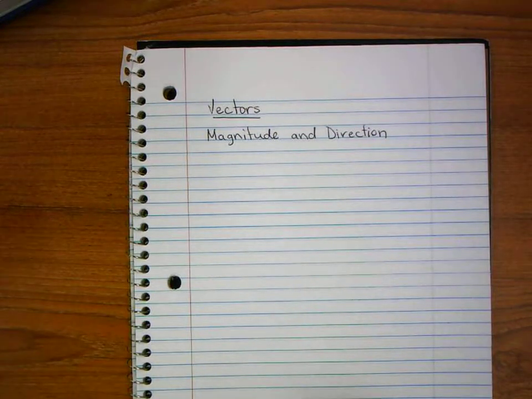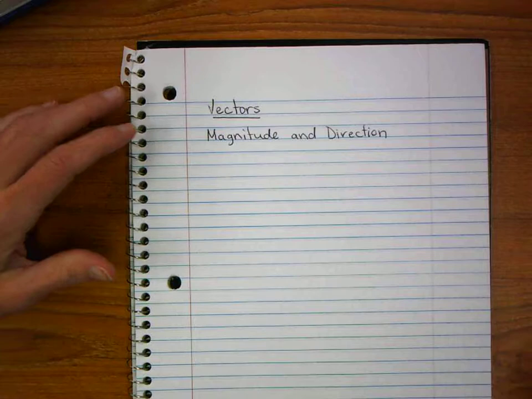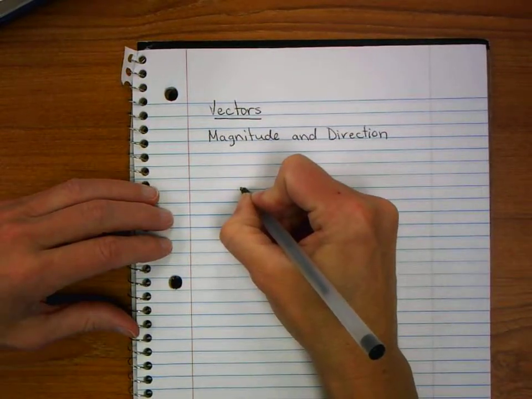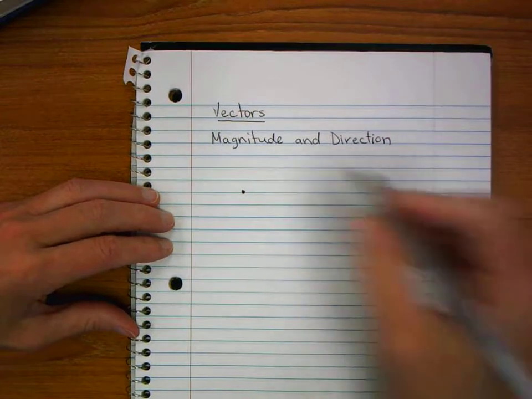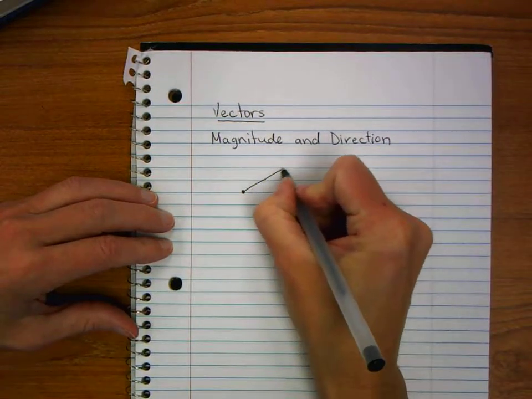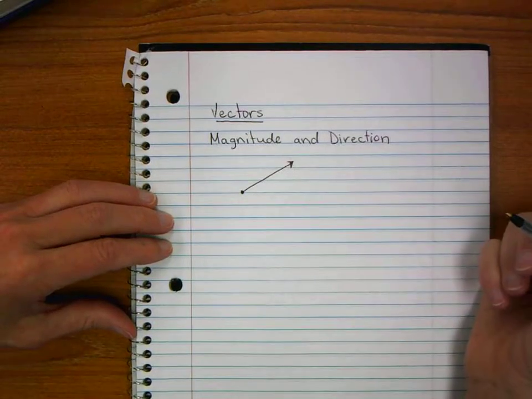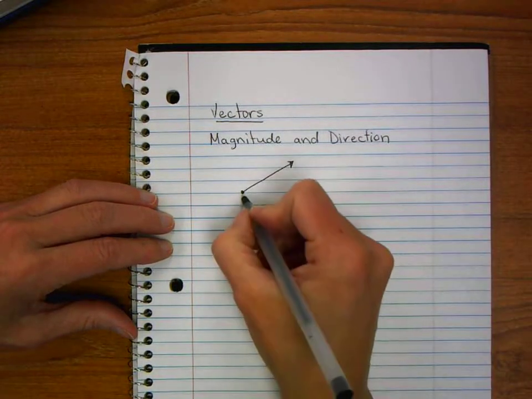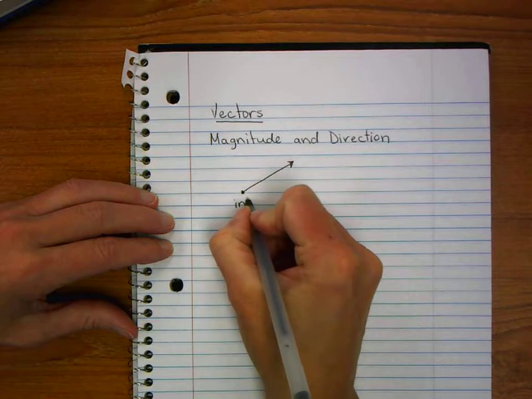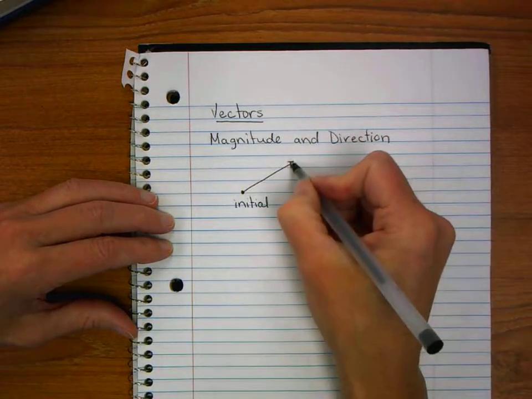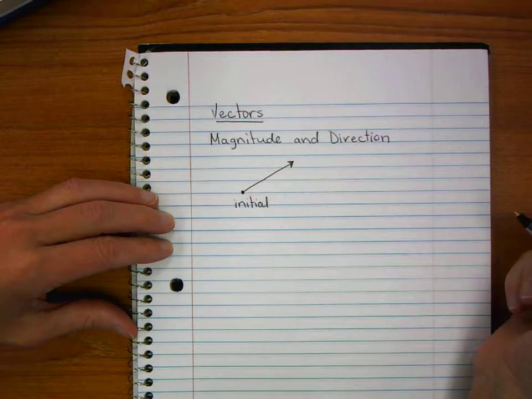Now, geometrically, we can demonstrate a vector as it kind of looks like a ray from geometry. However, it is different than a ray. We do have an initial point, and then the arrow, which shows direction.